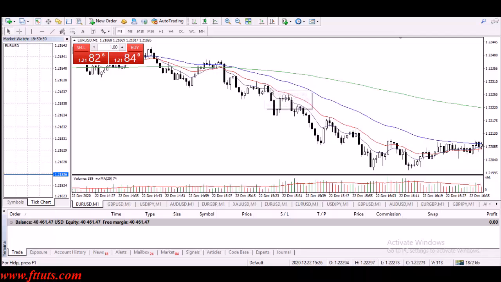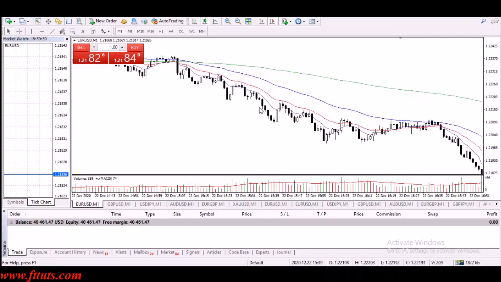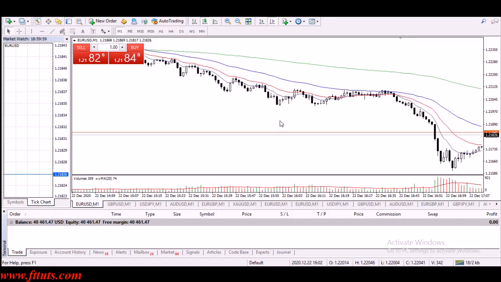Take a look at the first resistance area. Price is unable to break it. Each time price enters the first resistance area, it is rejected. Second time rejected. So first sell here, second sell, third sell here, fourth sell. You will be selling whenever the price enters this resistance area.